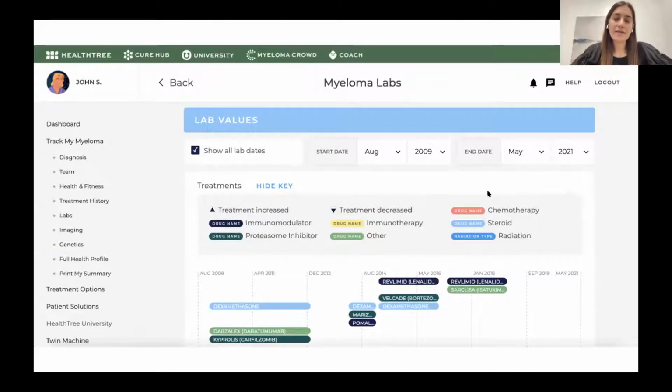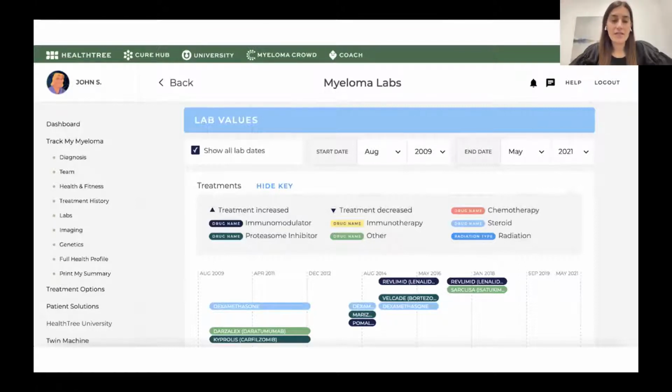So as Audrey already mentioned, we're part of the HealthTree Cure Hub team. Cure Hub is a HealthTree platform where you can track your myeloma, find your treatment options, find clinical trials, talk to your genetic twins, participate in forums, and find side effect solutions.